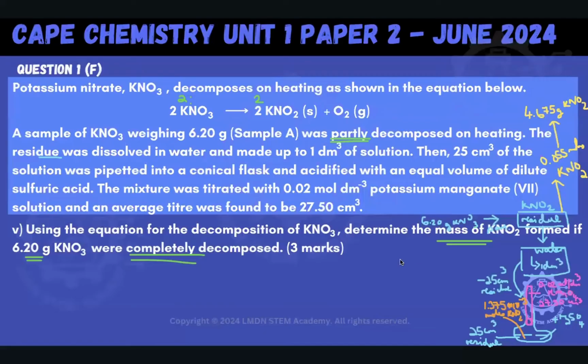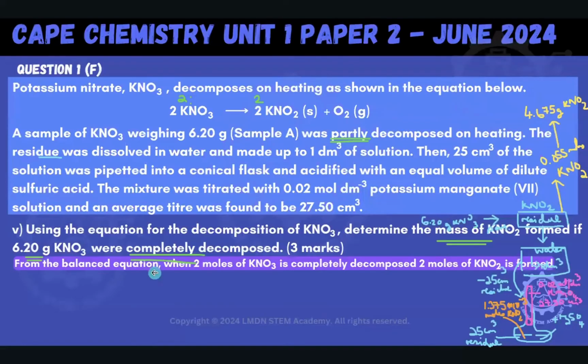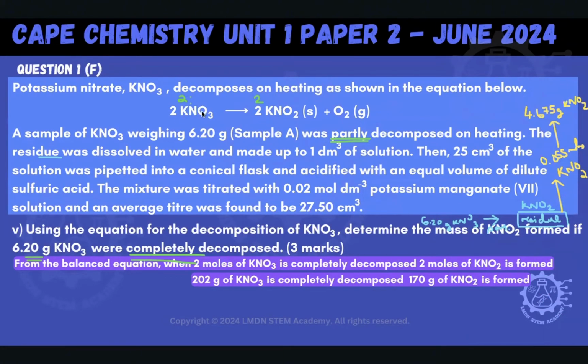So from the balanced equation, when 2 moles of KNO3 is completely decomposed, 2 moles of KNO2 is formed. That is a 2-to-2, 1-to-1 ratio.